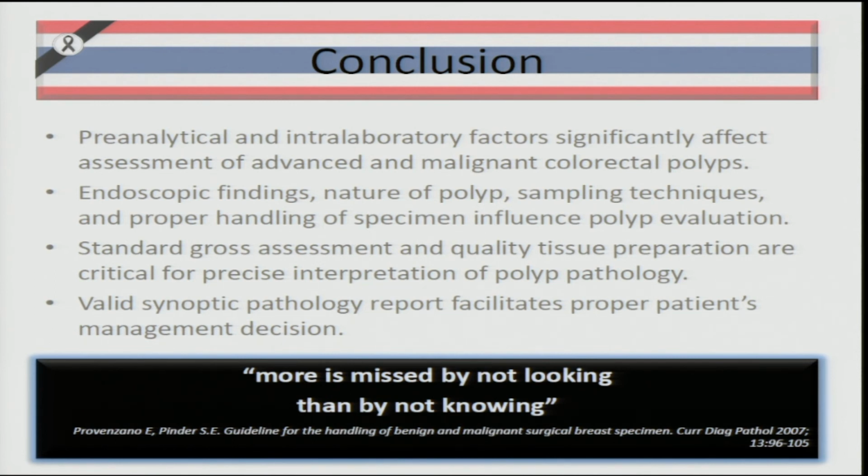And endoscopic finding, nature of polyp, sampling technique, and proper handling of specimen would strongly influence polyp evaluation. And standard gross assessment and quality tissue preparation are critical for pathologists to evaluate polyp pathology. And a valid synoptic pathology report would help you to make a decision on patient care properly.